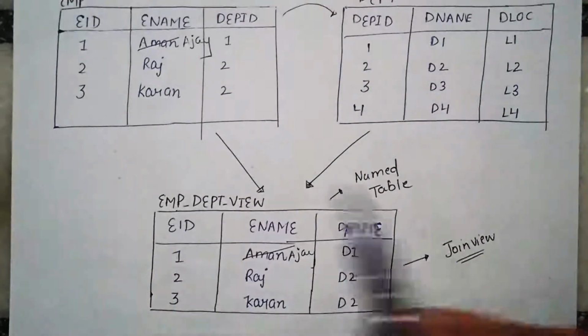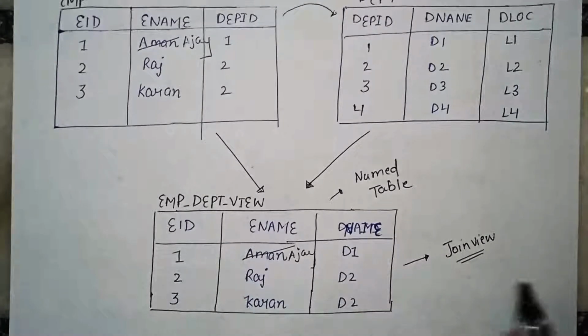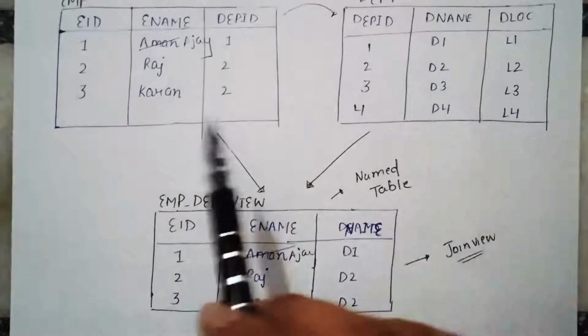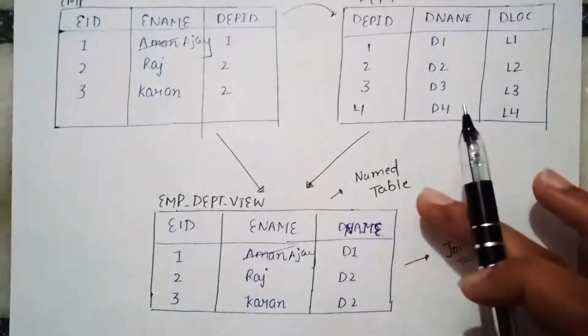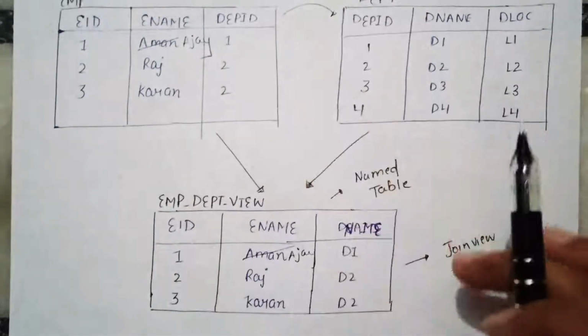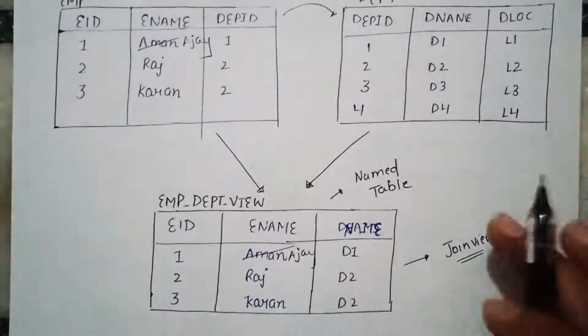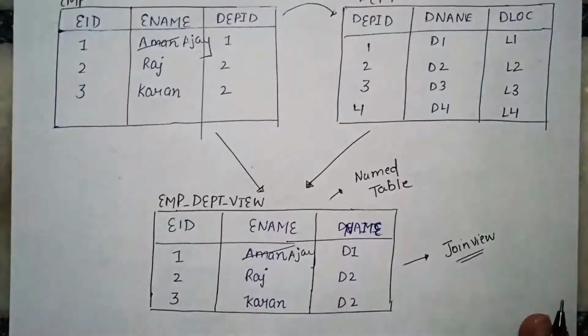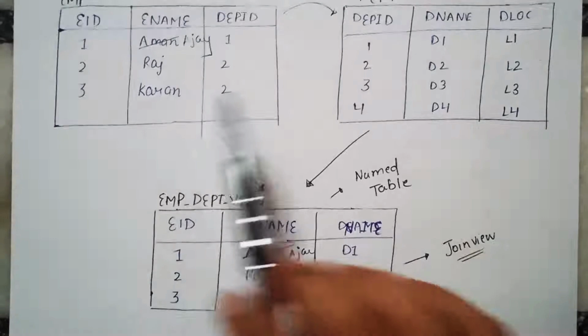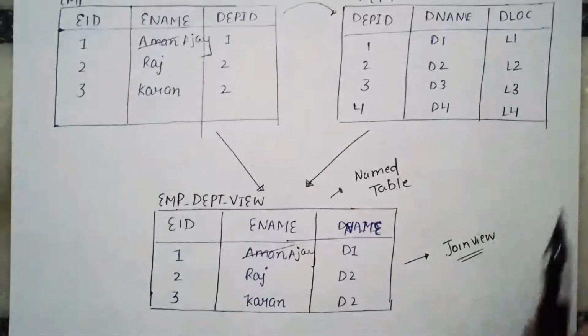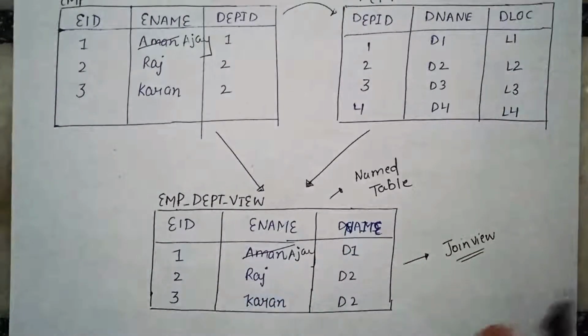It does not have this data physically present somewhere. The old data is physically present in these tables. This join view is just a frame that is showing us this kind of data. So this is the second condition: whatever modification we perform in these base tables will also reflect in the view.